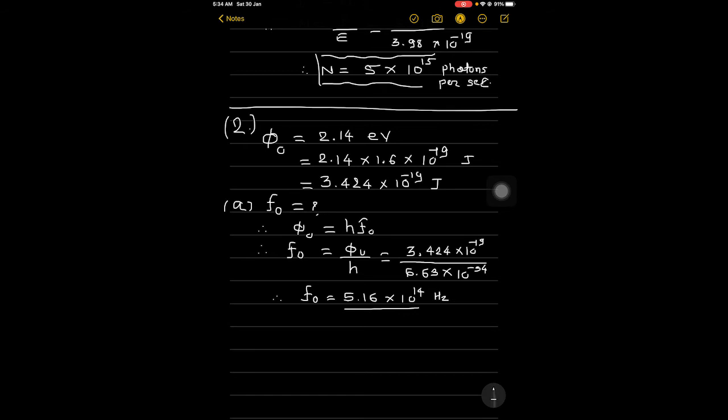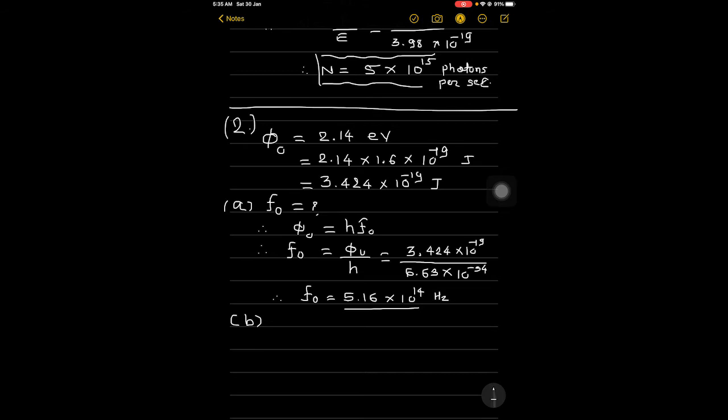Thus, for frequencies less than this threshold frequency, no photoelectrons are ejected. Now the second question is based on Einstein's equation of photoelectric effect. What they have given is that the photocurrent is brought to zero by a stopping potential of 0.6 volt.